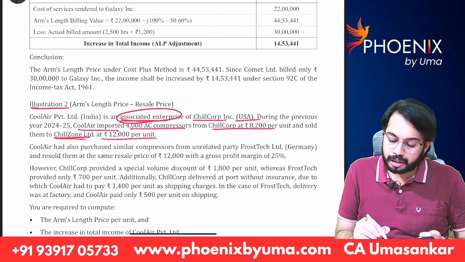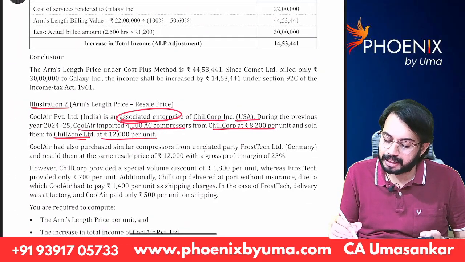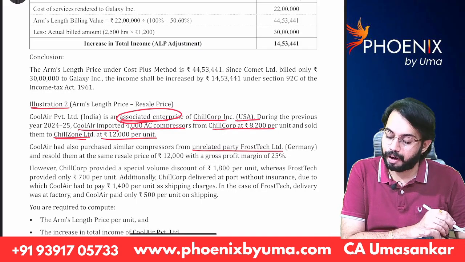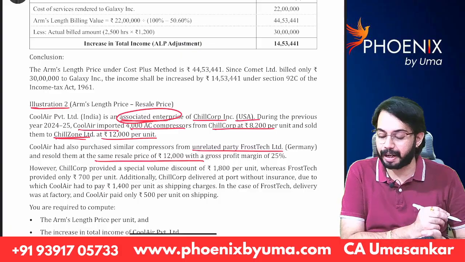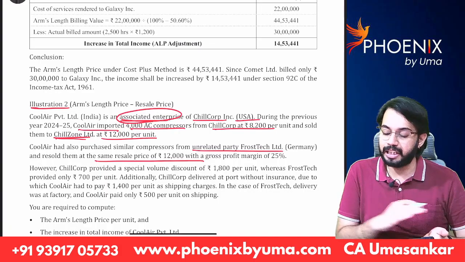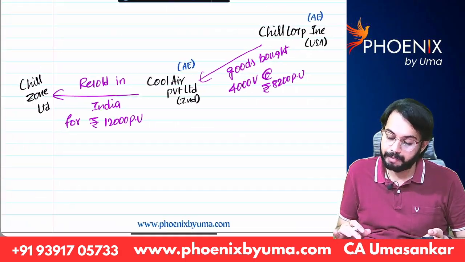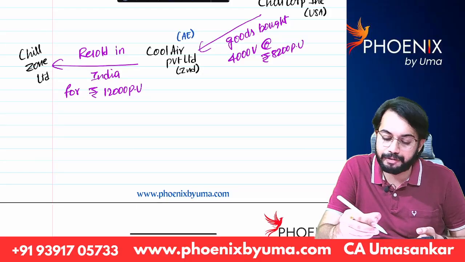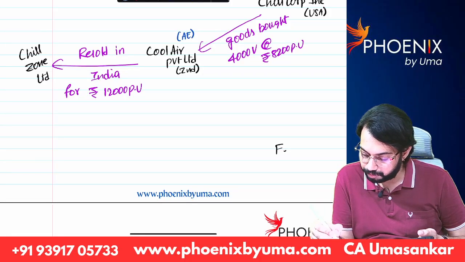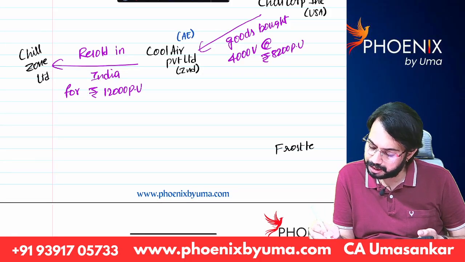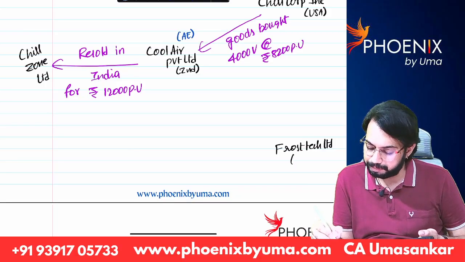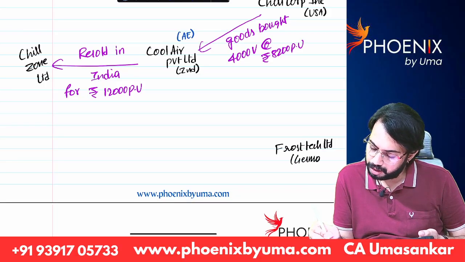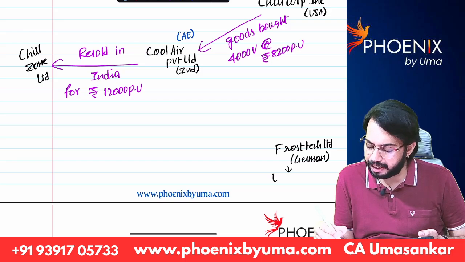Cool Air also had purchased similar compressors from an unrelated party, Frostech Limited, Germany, and resold them at the same resale price of 12,000 with a GP margin of 25%. So there is another company, Frostech Limited. This is basically a German company and it's an unrelated party.